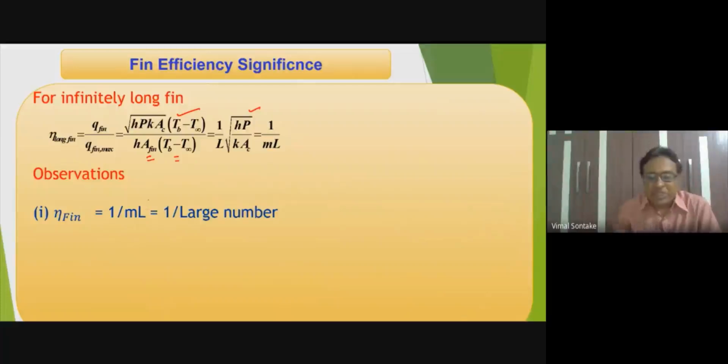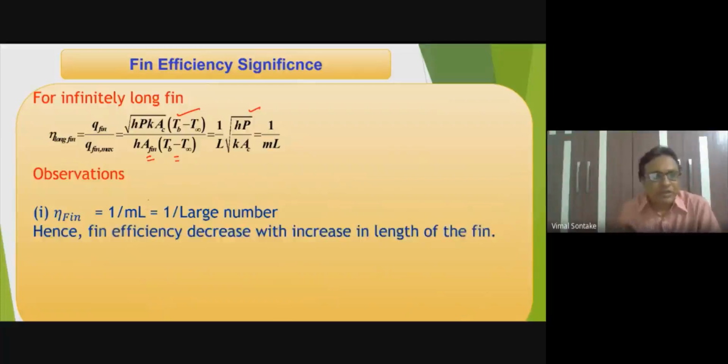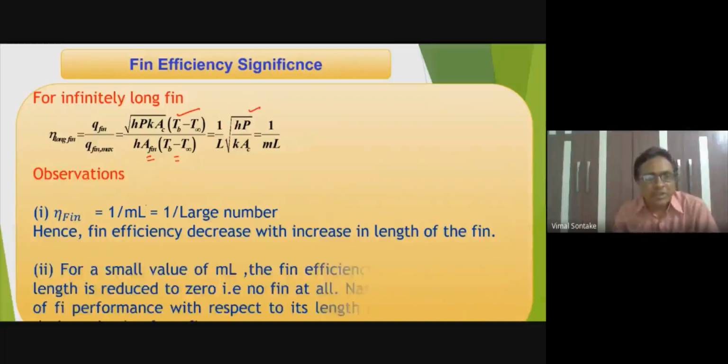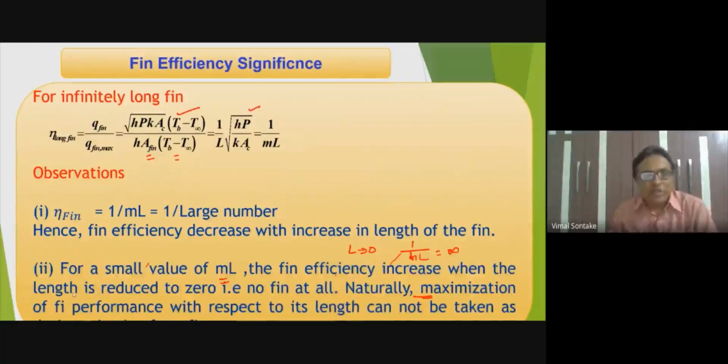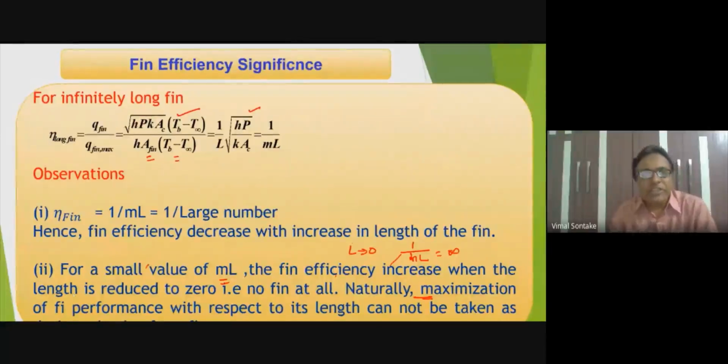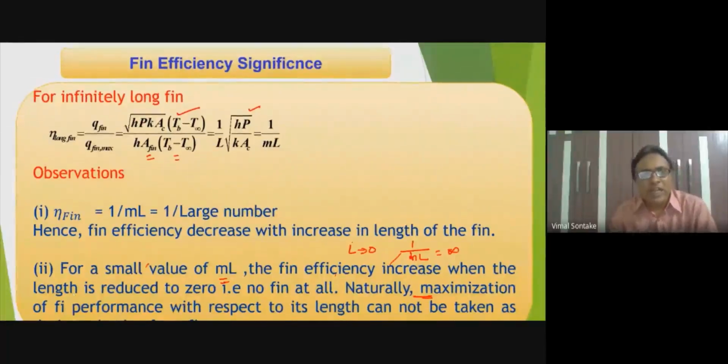From this expression, it is clear fin efficiency will decrease if the length of the fin increases, or vice versa. Second observation, for a small value of mL, the fin efficiency increases when the length of the fin is reduced to 0. That is, there should be no fin at all.